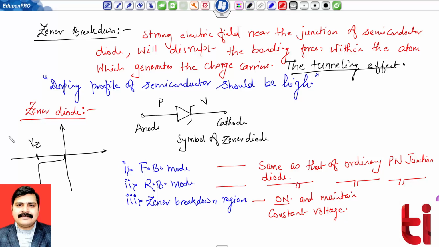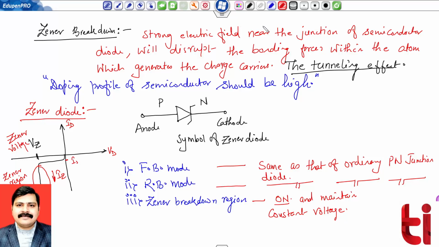This voltage is termed as Zener voltage, and this region is termed as Zener breakdown region, or directly Zener region. So this is my ID, this is my VD, and this is somewhere my IS value. Okay, and the current flowing in this particular region is termed as the Zener current, IZ.